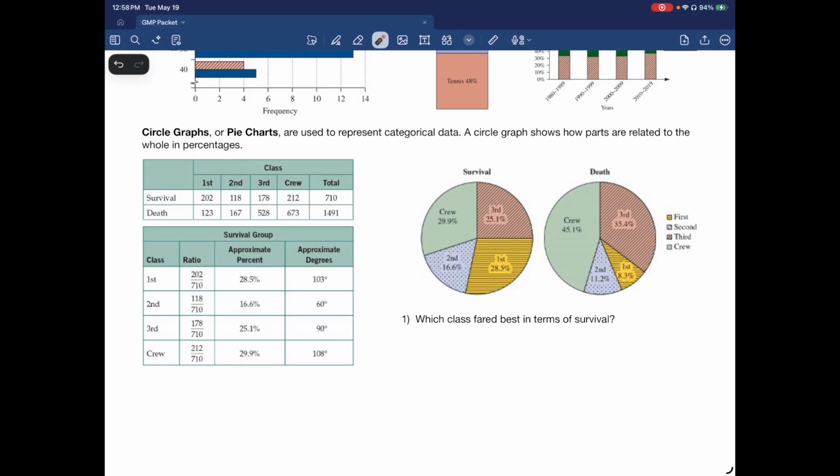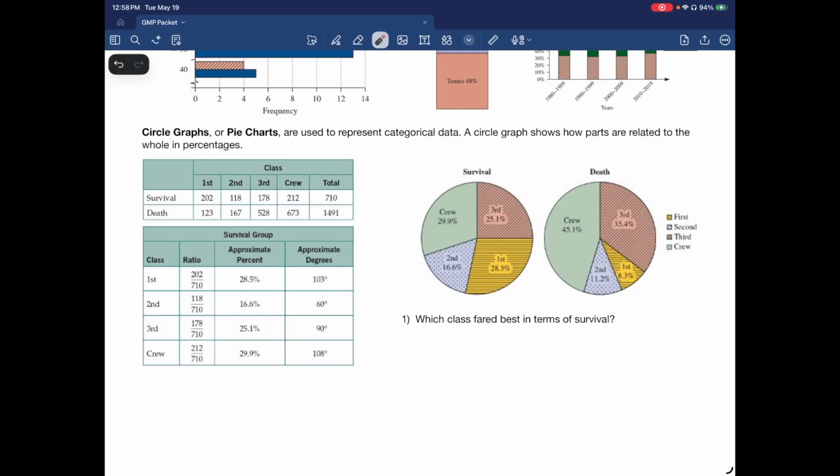You can see the percentages broken down. For the crew, 29.9, survived 28.5, and there's 710 in total who survived, so you can do 202 over 710 to get 28.5, multiply that by 360, and that tells you how much of the circle to give to that.